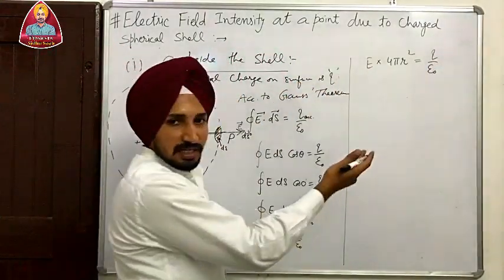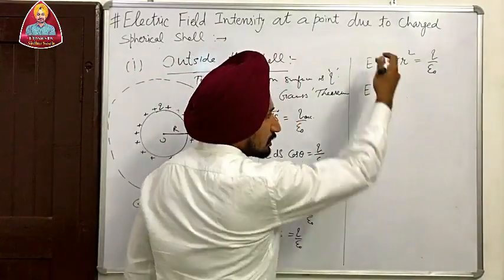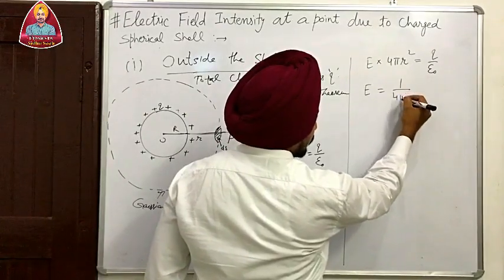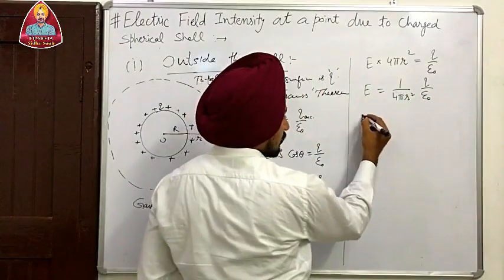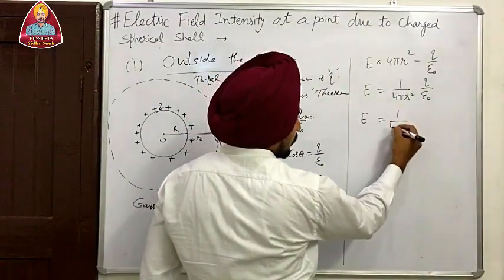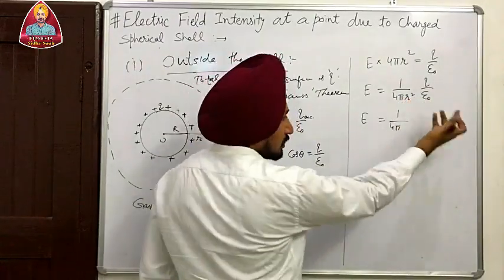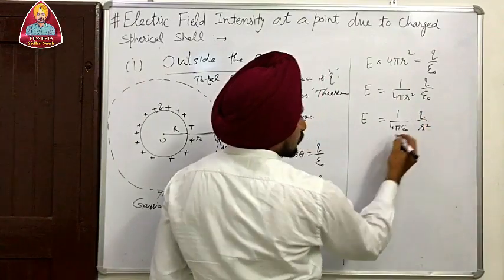Now we have to find the electric field intensity. So E will equal to, this term will go the other side, 1 upon 4 pi r square times q upon epsilon 0. E is equal to 1 upon 4 pi epsilon naught, r square that side, q over r square.